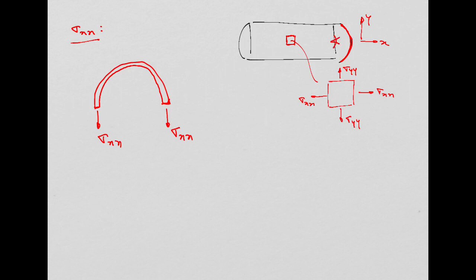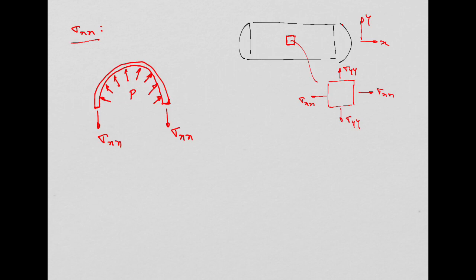Imagine I am inside the pressure vessel looking at that semi-spherical end, and we are going to have the pressure here. This pressure will be in equilibrium with this sigma xx.